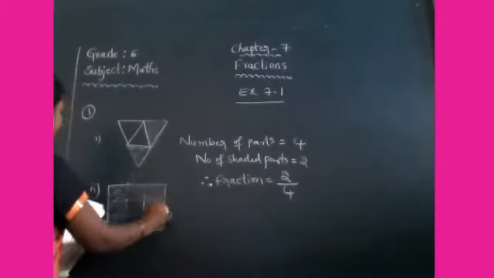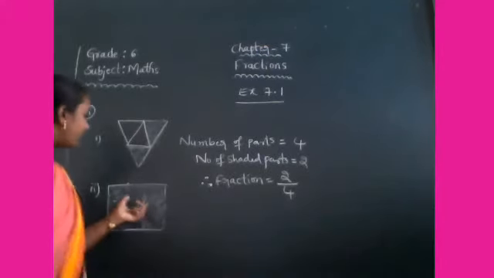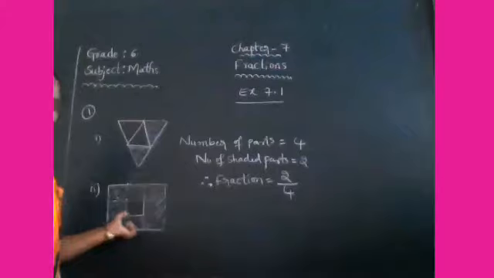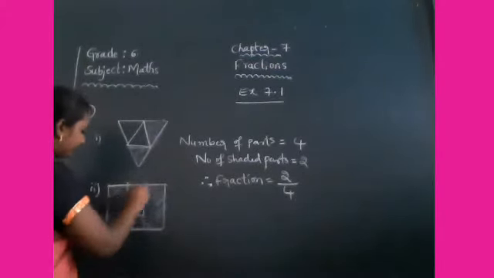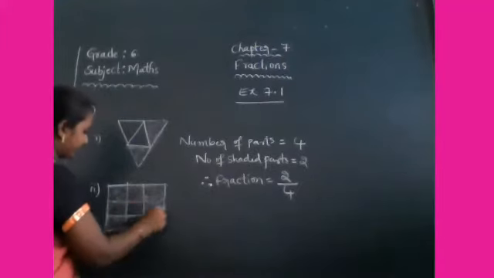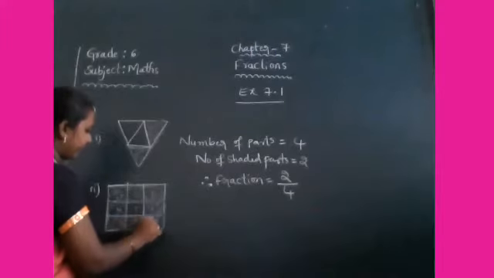Right. So here, the figure is divided into how many parts? First count the number of parts. The total number of parts is 1, 2, 3, 4, 5, 6, 7, 8, 9.